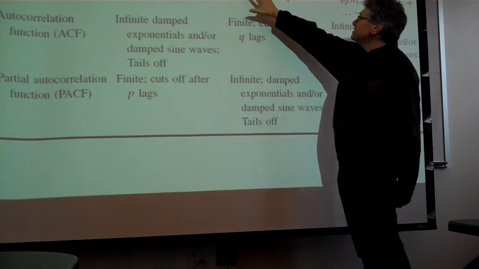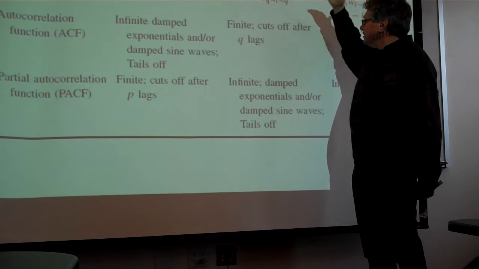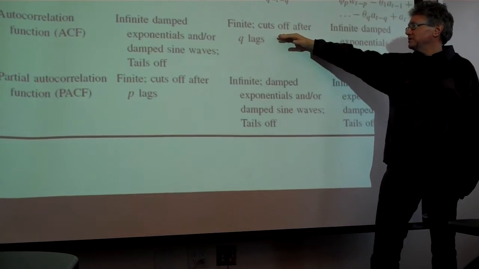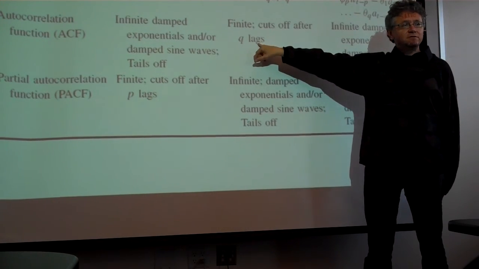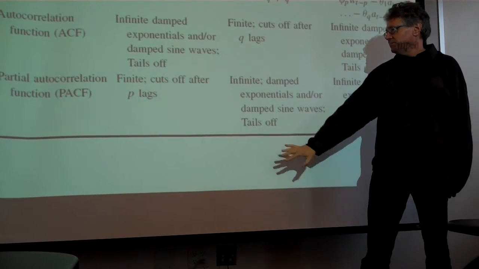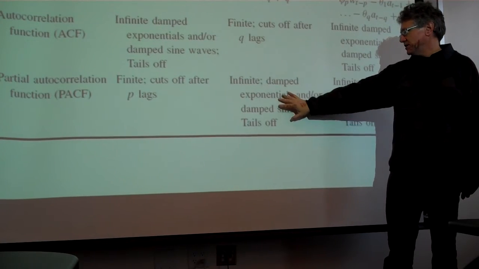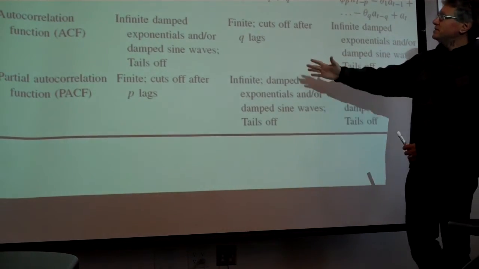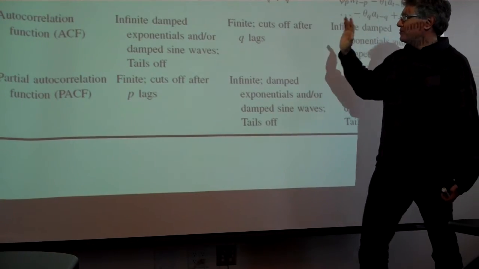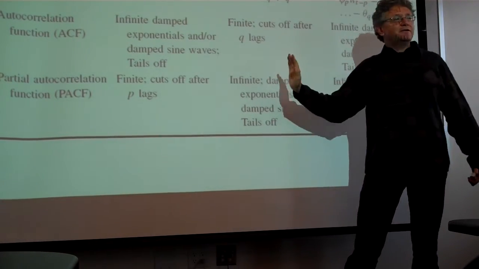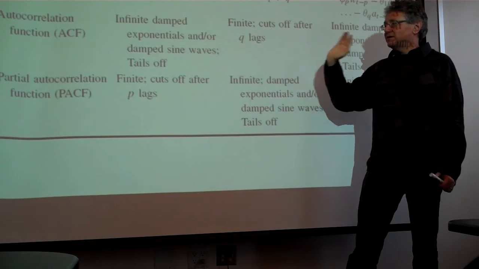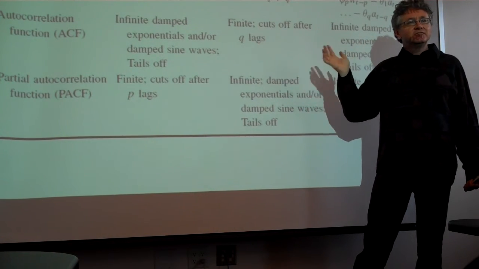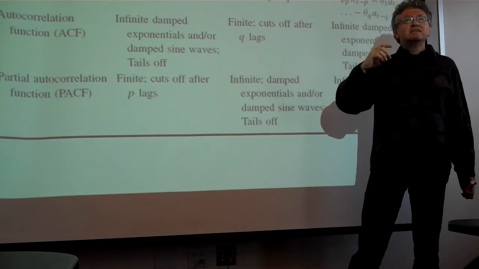The MA process, here's the equation. Now it's the ACF, the autocorrelation function, that cuts off abruptly after q lags, and the partial autocorrelation function decays slowly. Okay, so if you see one of either this pattern or this pattern, you can tell whether it's an AR process or an MA process, autoregressive or moving average.